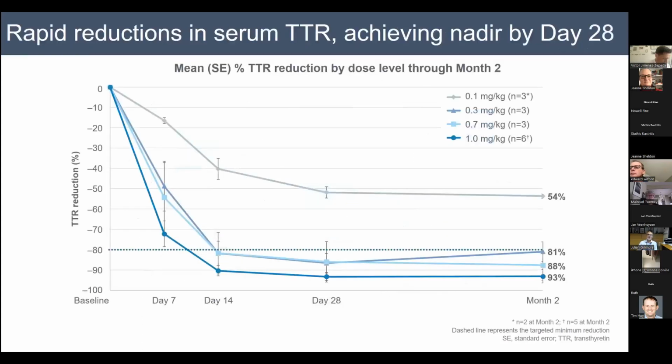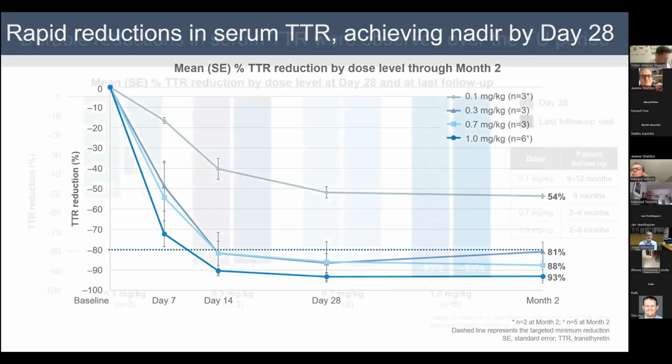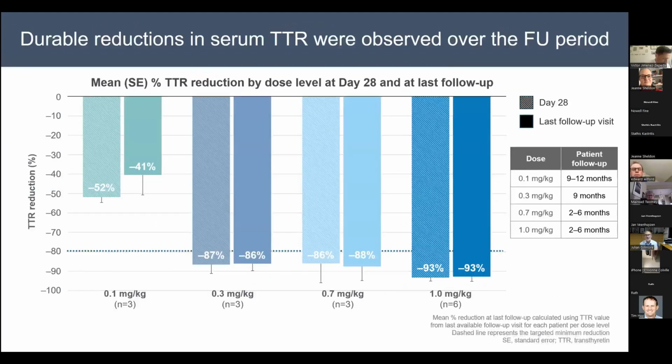The reductions in serum TTR reached a nadir by day 28 and were sustained through to month 2, as you can see on this graph. And the reductions in serum TTR among those receiving therapeutic doses of NTLA-2001 was sustained through to the last follow-up, although we do need to acknowledge that the length of follow-up in the higher dose cohorts remains relatively short at the current time.